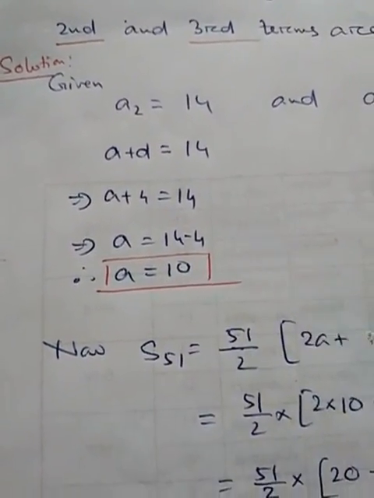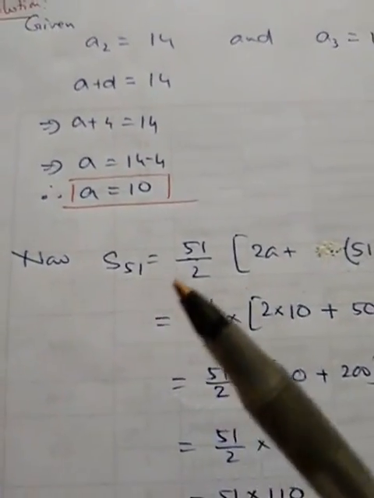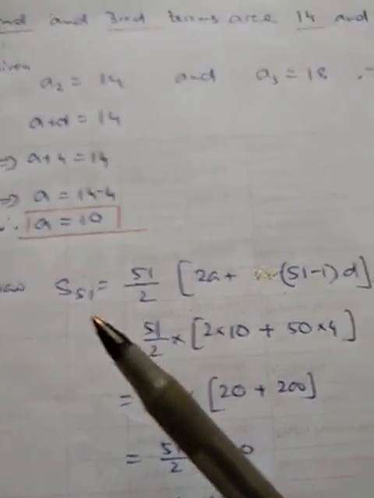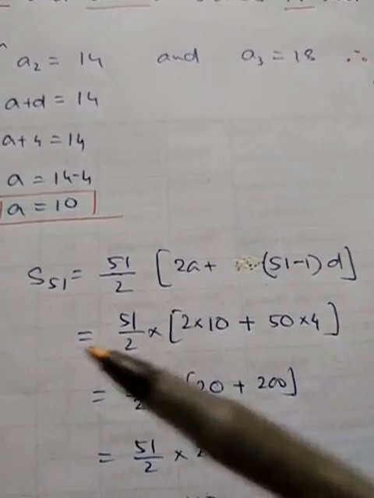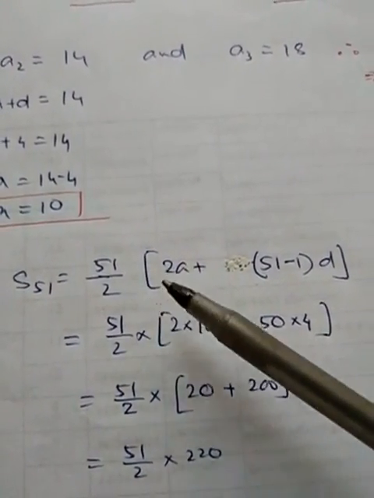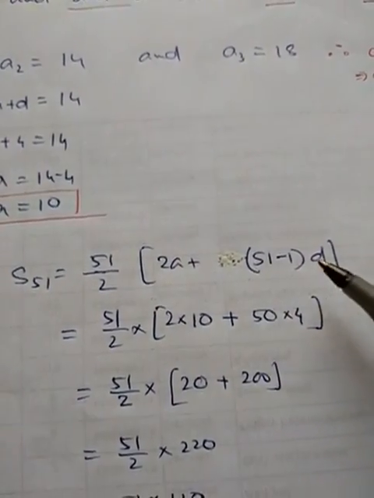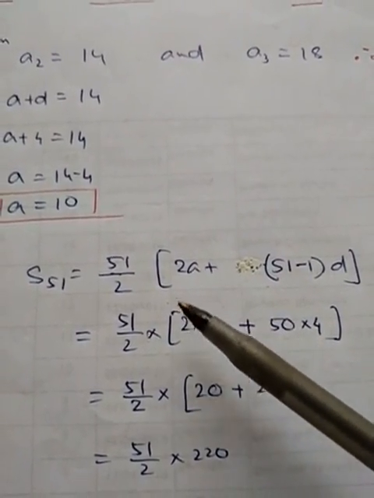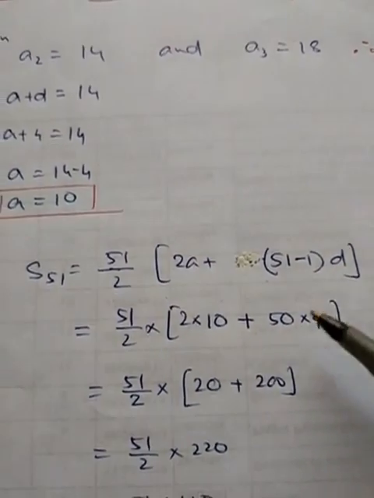Now using these a and d, we can find the value of S51. So we use the Sn formula, n by 2 into 2a plus n minus 1 into d. Let us put the values. a is 10, then d is 4.